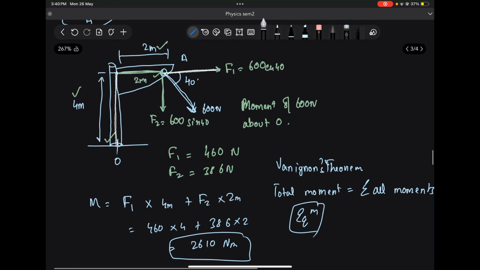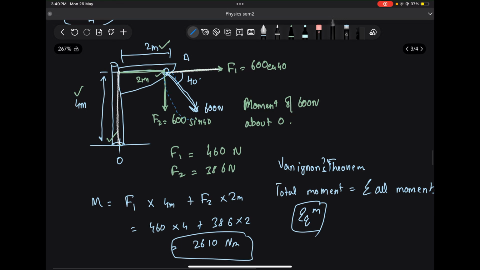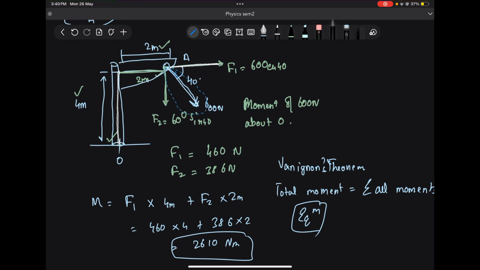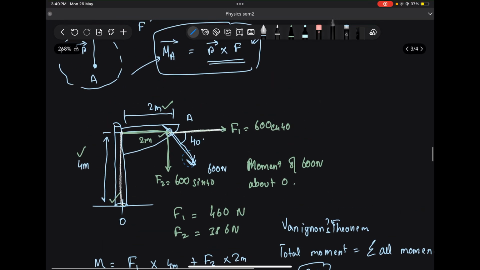So let's say I somehow select this force, and I move it along its direction so that it comes into contact with this rod's imaginary extension.